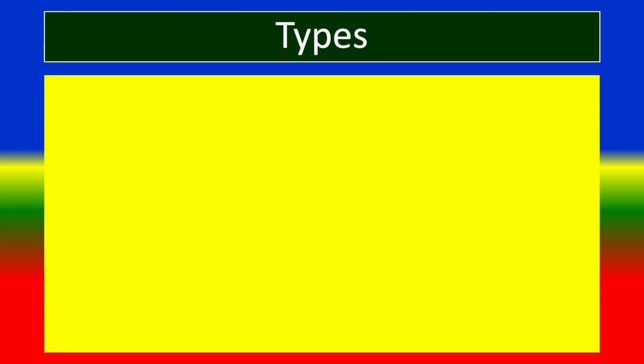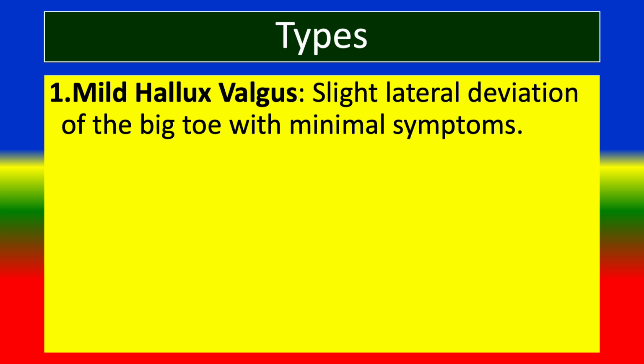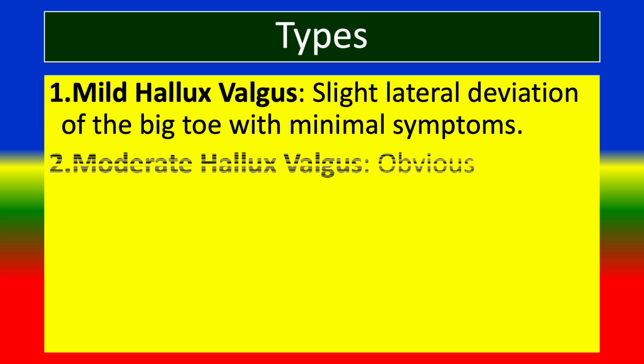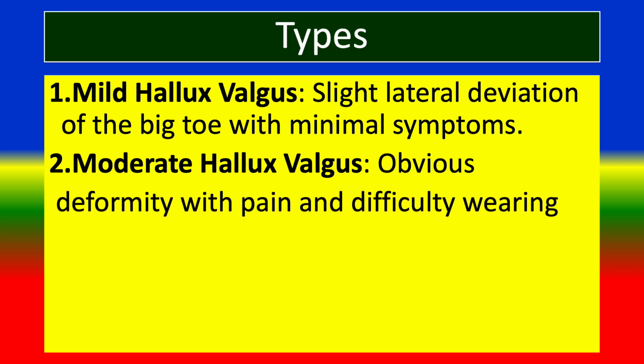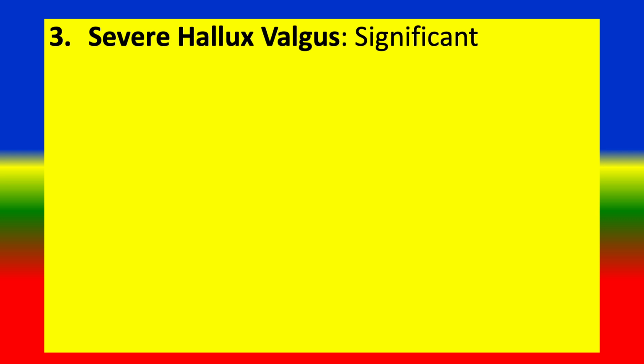Types. 1. Mild hallux valgus, slight lateral deviation of the big toe with minimal symptoms. 2. Moderate hallux valgus, obvious deformity with pain and difficulty wearing shoes. 3.